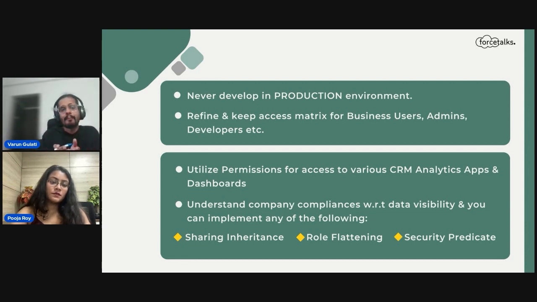Create an app for a purpose, for a functional segment: an app for your sales users, an app for your admins, an app for field service executives. Every app should have a purpose, and use permission sets and respective permissions to grant access to specific apps to the relevant audience.